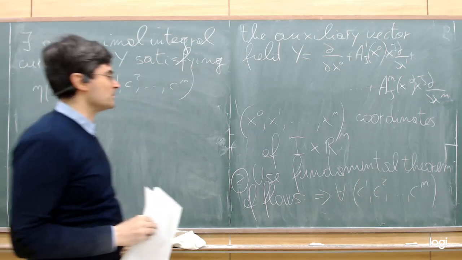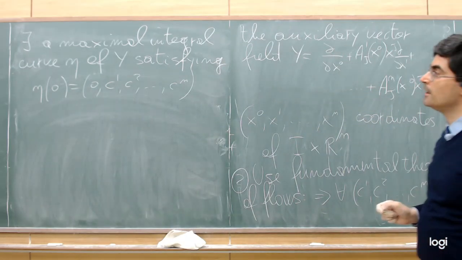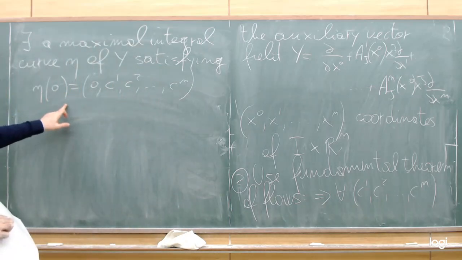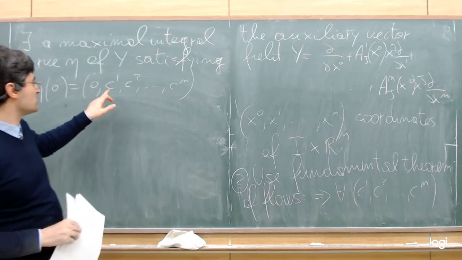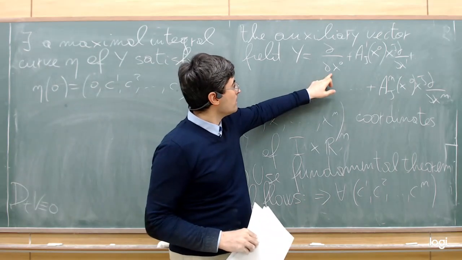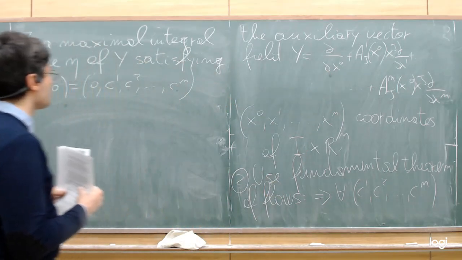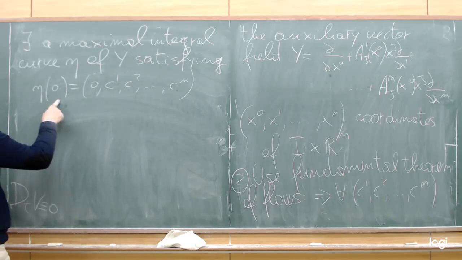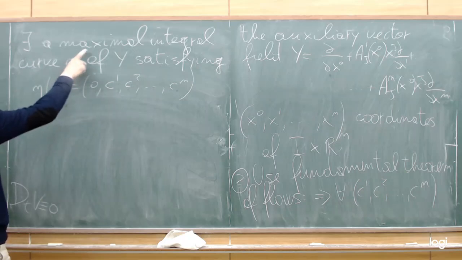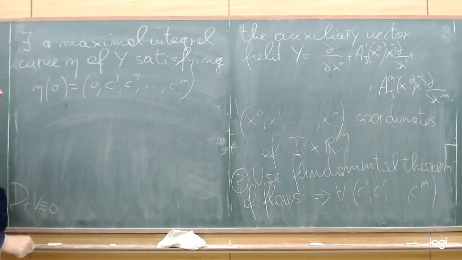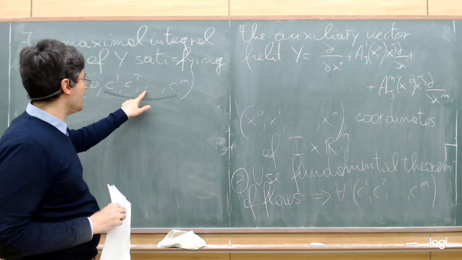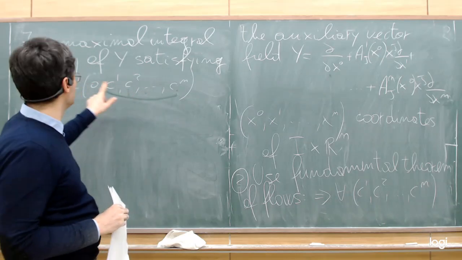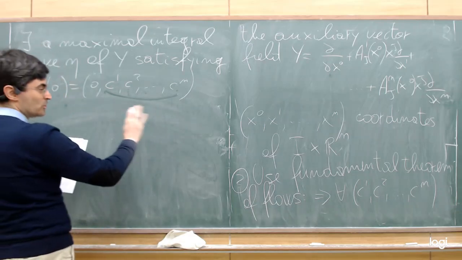So what we are doing here is that since we want to prove that the solution to the system D_t V equal to 0 is smooth with respect to C1, C2, ..., Cn, we constructed this special vector field, and we proved that there exists a maximal integral curve satisfying this initial condition and which is smooth also with respect to these arguments, which now are considered as parameters of the solution.